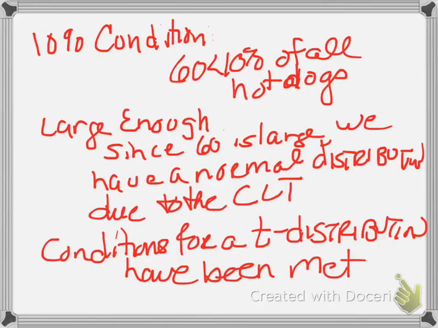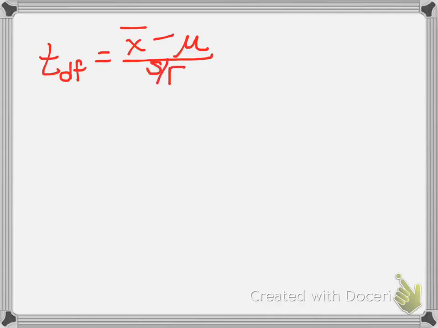All right, so now I'm going to do my T-score. The formula is t sub df is equal to what I am curious about, the mean of my sample, minus what we know to be true, divided by my standard deviation, which is s divided by the square root of n.